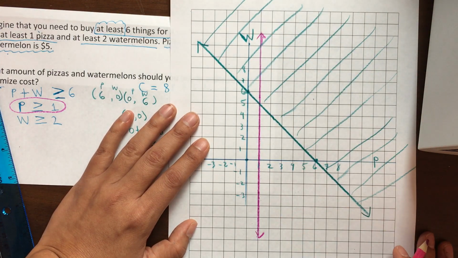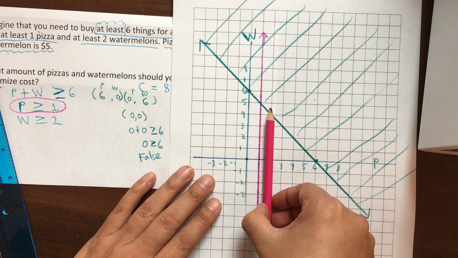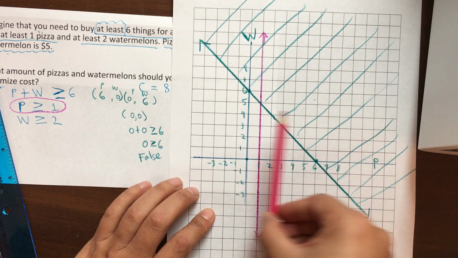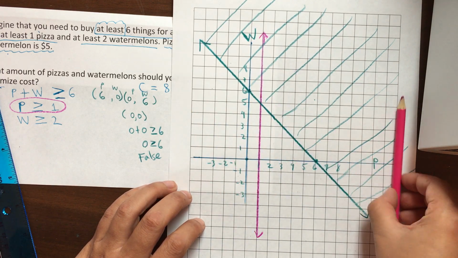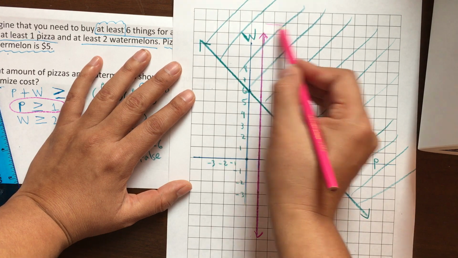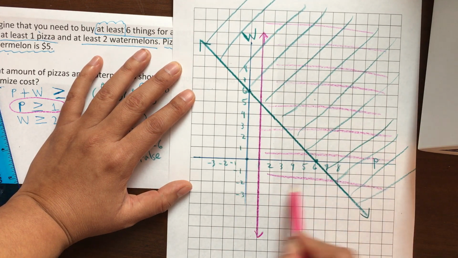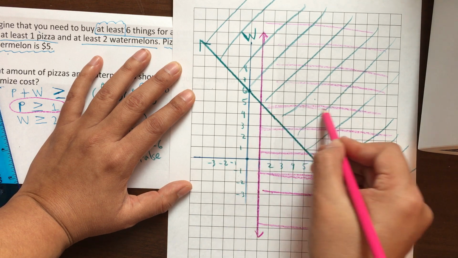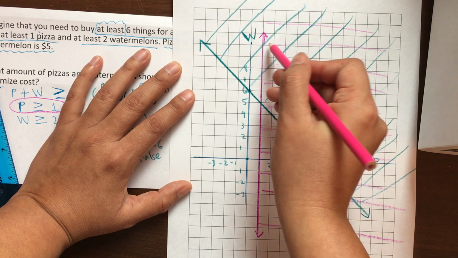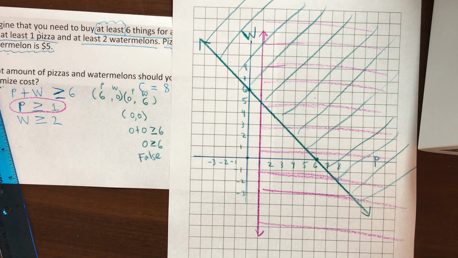And so my shade says P is greater. Which ones are greater on P? The positives or these 0 and negatives? Well, the positives are bigger, so my shade should go on this side of the line. Notice how I leave a lot of space because I just want to see clearly where they overlap and then go over with more color right there.